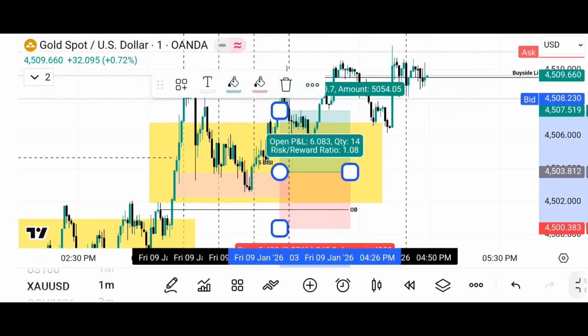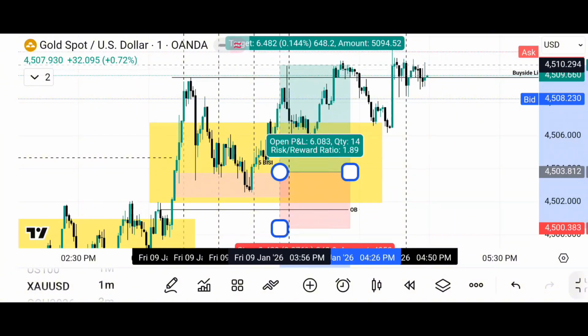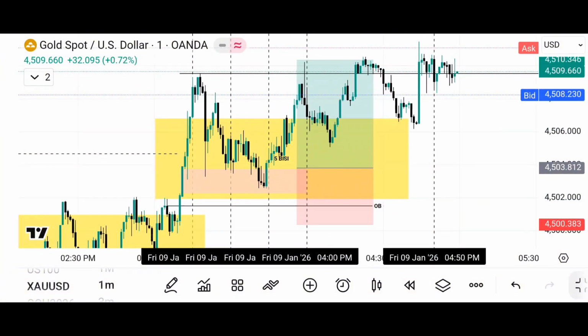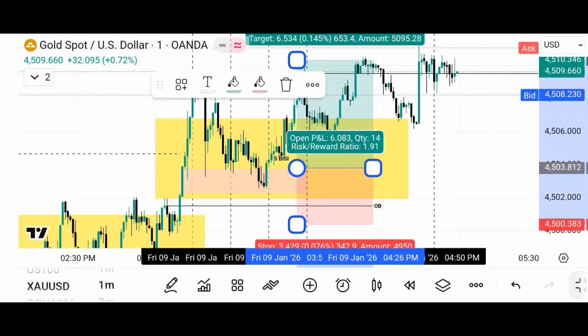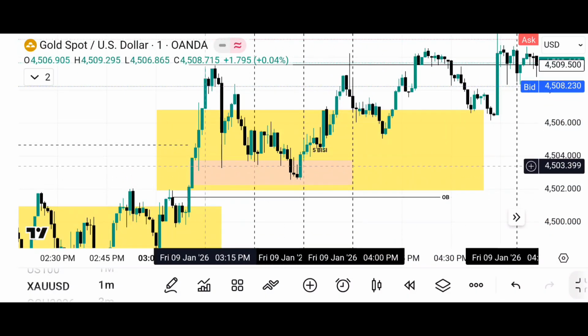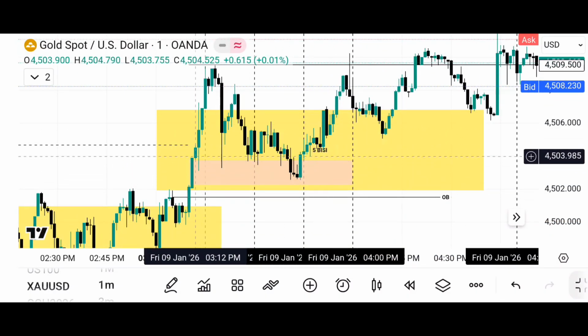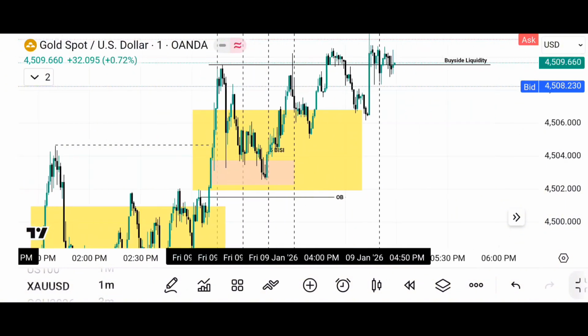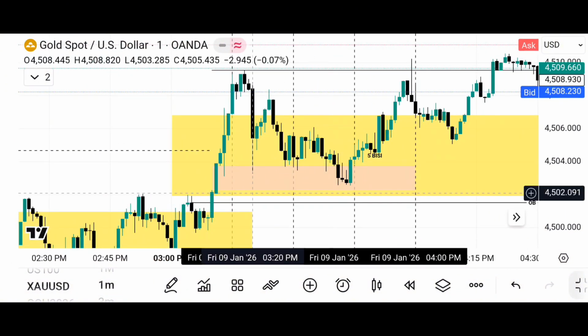Let's check this out. This is close to a 2 to 1 risk to reward ratio actually. So it's a good one. Not bad. But our discussion is mainly on how price uses these macros. So at 3:15, price has taken out this high and it's running upward.